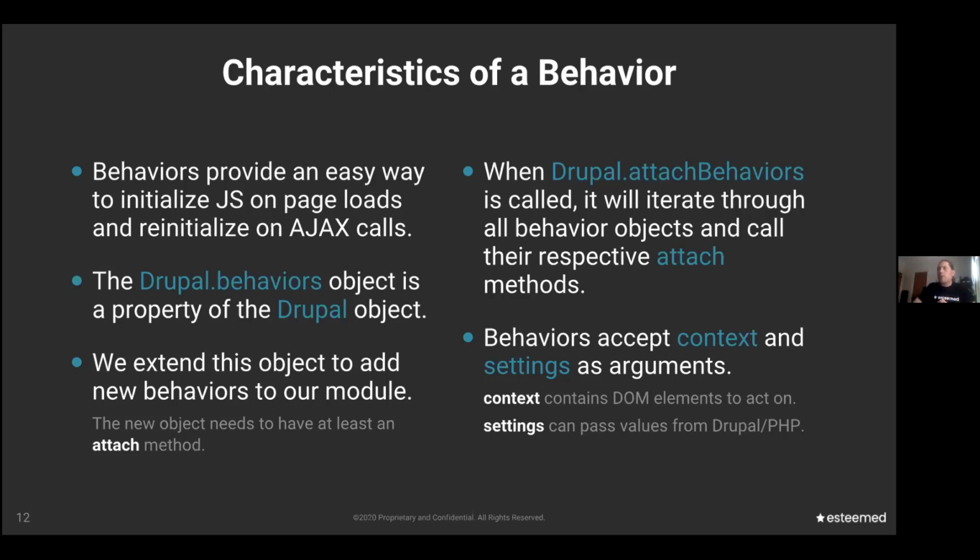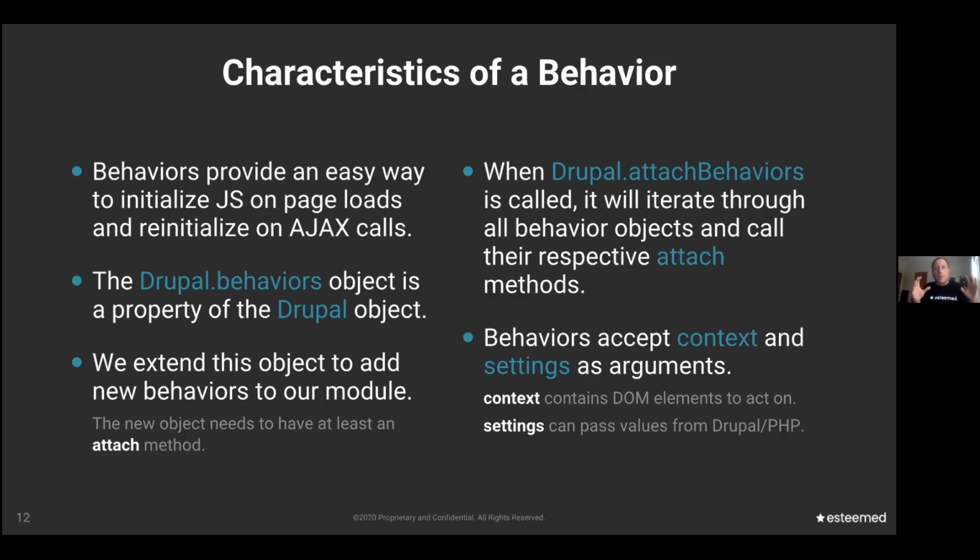Behaviors also accept context and settings as arguments. I'll go a little bit more in depth about that, but that is actually where Drupal behaviors get really cool, because the context contains DOM elements that you can act on. By default, it's the entire DOM the first time. But you could pass it a different context.